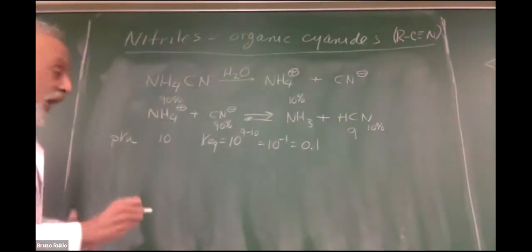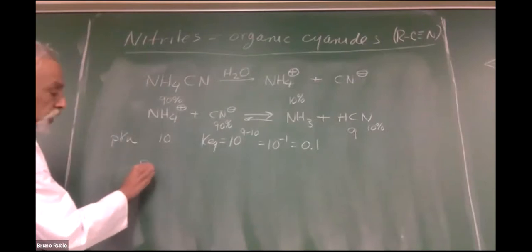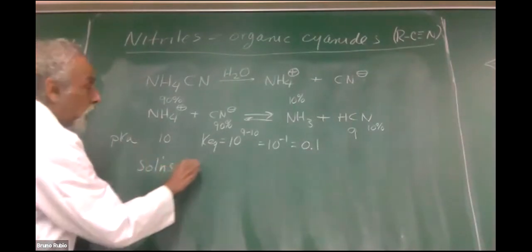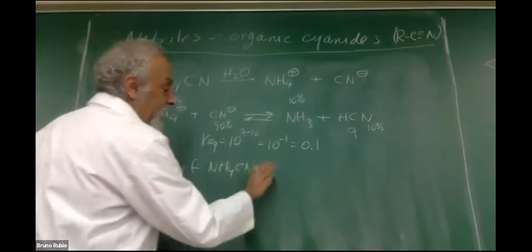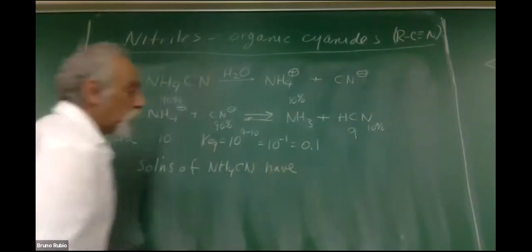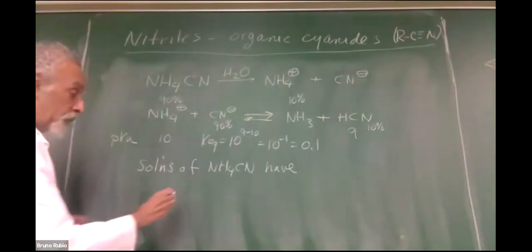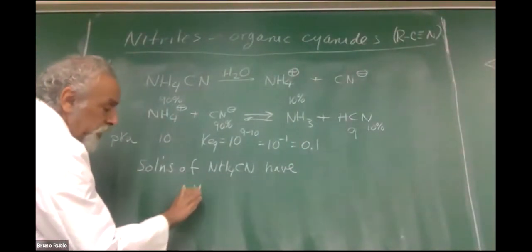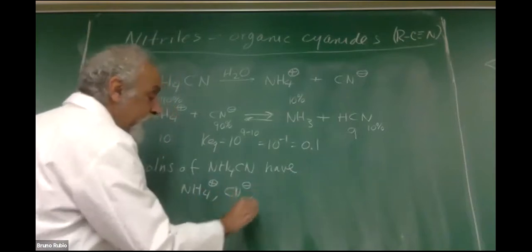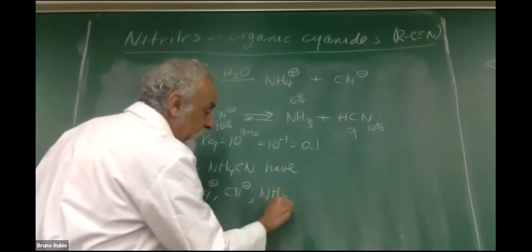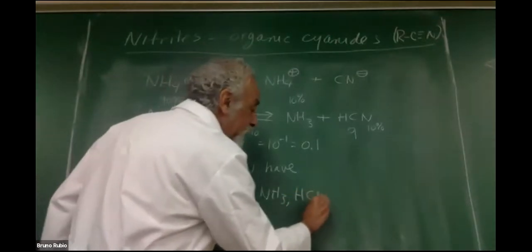So the bottom line is that solutions of ammonium cyanide have a good amount of ammonium ion, cyanide ion, ammonia, and HCN.